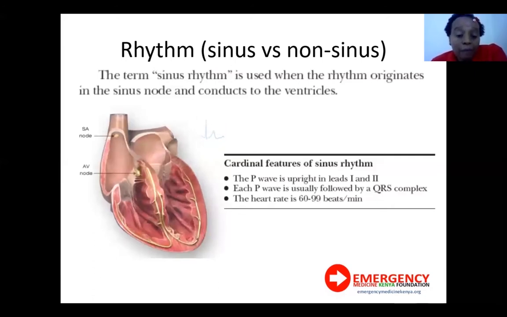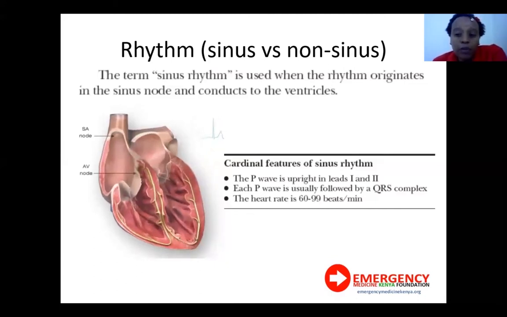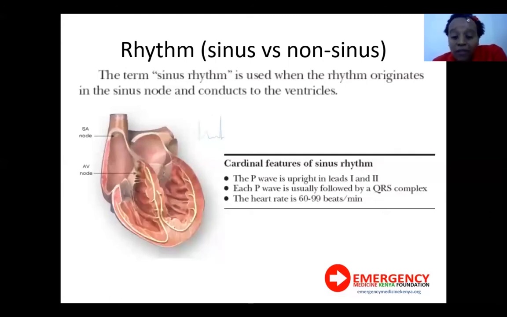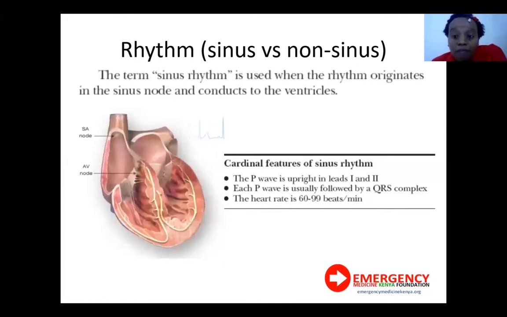We said our P wave has to be upright, and when you look at our rhythm, usually we see them upright. Now we look at our leads. It's good to know in which leads the P wave should be upright, because if you look at some of the leads, you can find that the P wave will not be upright.